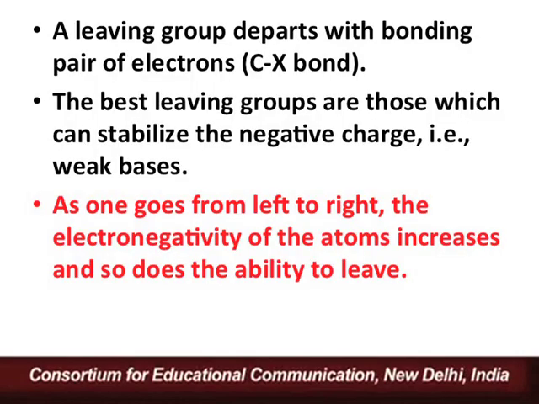A leaving group departs with the bonding pair of electrons. That is, when a bond breaks between carbon and the halogen atom, it is the halogen atom which will depart with the bonding pair of electrons.